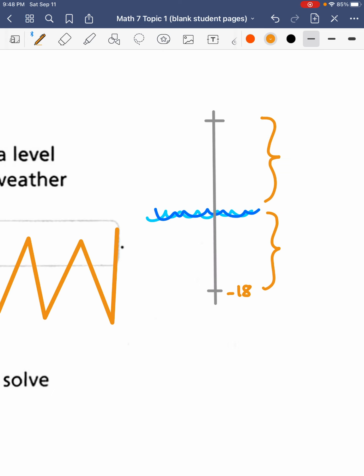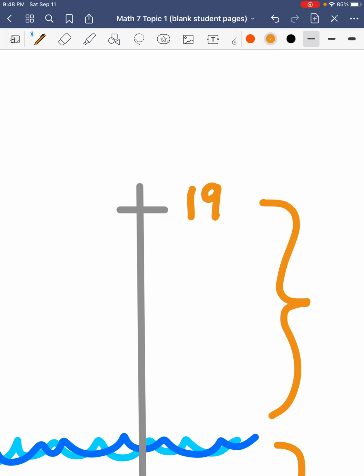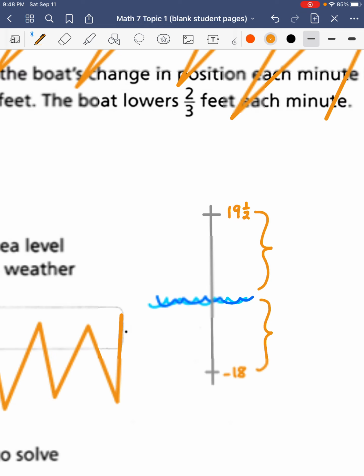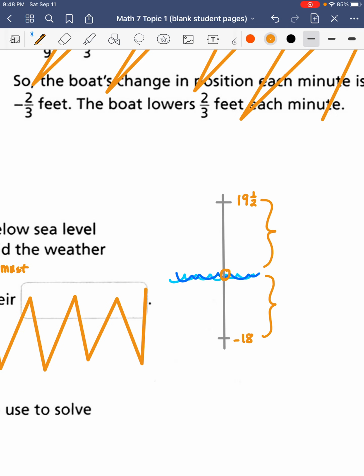Okay, and it ascends, it rises to an elevation of 19.5 feet above sea level. Okay, so we want to know the total distance that it rose. So I'm going to have to add these two distances together. And I know that where this water is, that is 0.